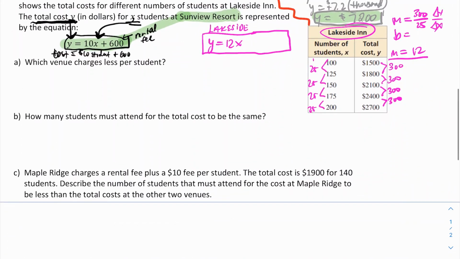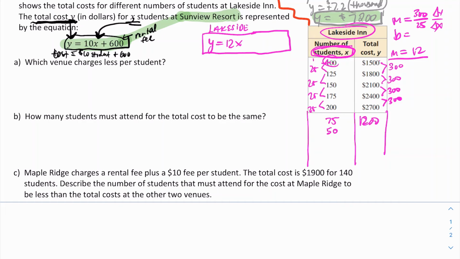So in order to find the y-intercept, we need to work the x down to 0. Okay? So in order to get down to 0, I'm going to use this space down here and pretend I was going backwards on this. So the one before the 100 would be 75. And the one before the 1500 would be 1200. Remember, now we're subtracting 25 and subtracting 300.